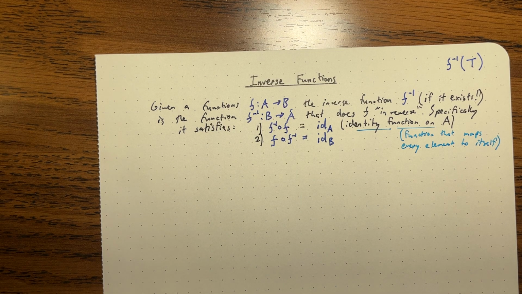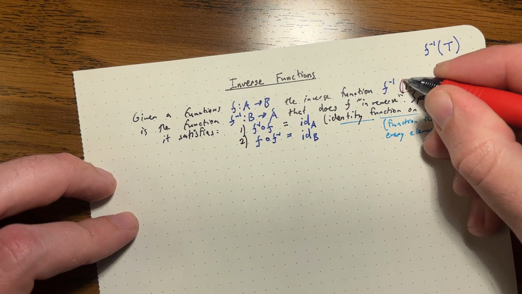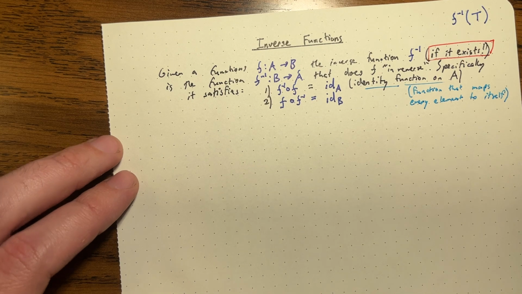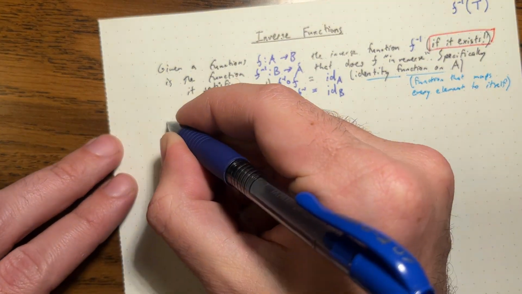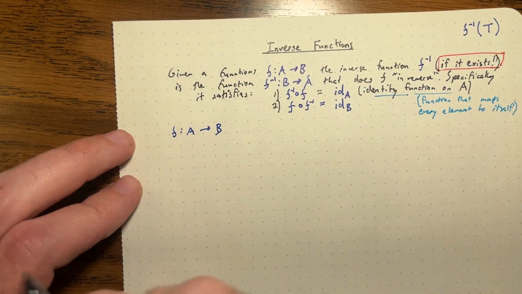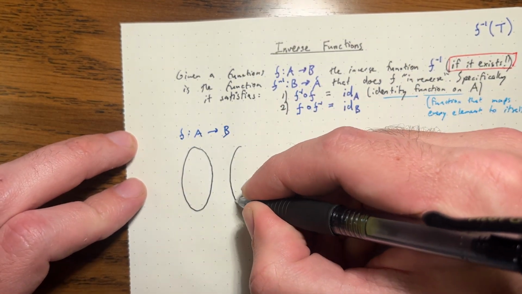Of course, the key phrase here is if it exists. It might not exist, and let me show you what I mean. So let's say we have a function from A to B. And let's do this pictorially, actually. I think it's the easiest way to see what could go wrong.